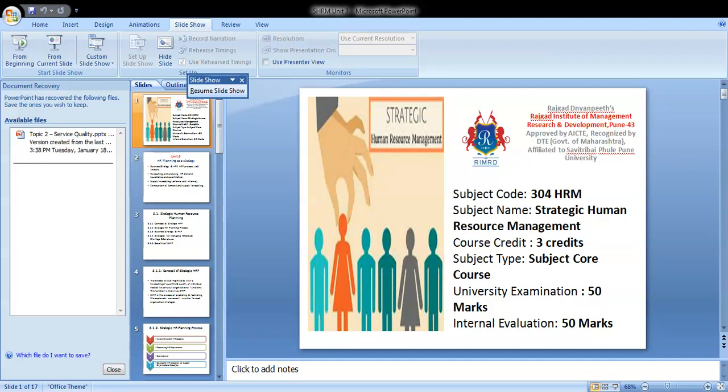Then the next one is forecasting HR requirements. Forecasting the future HR requirements on the basis of organizational strategic goals is the next step. The accuracy in forecasting HR includes estimation of both demand and supply of personnel.